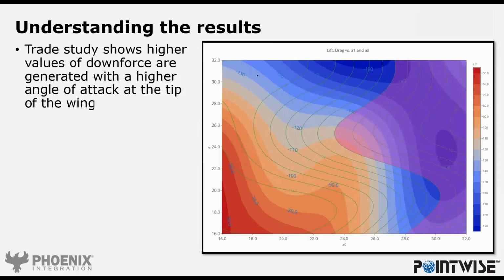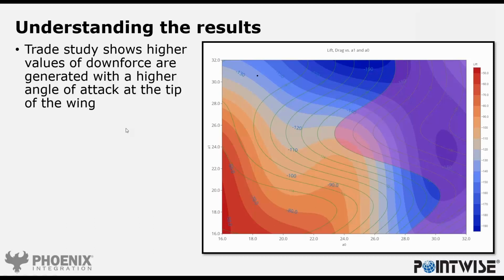And we can see here that same plot. And as I mentioned, the upper left part of the screen represents tip angle of attack higher than the root angle of attack. And we can see here that our downforce values are higher in this region.